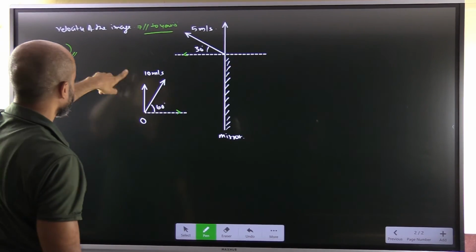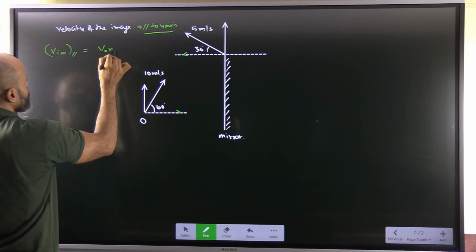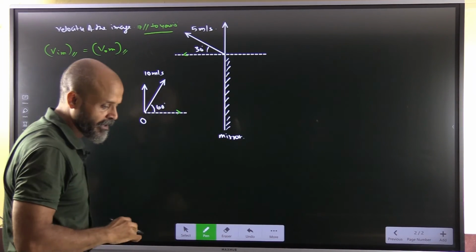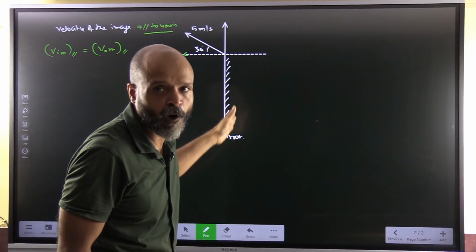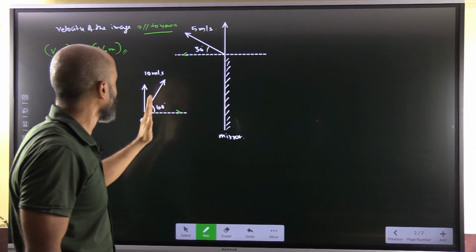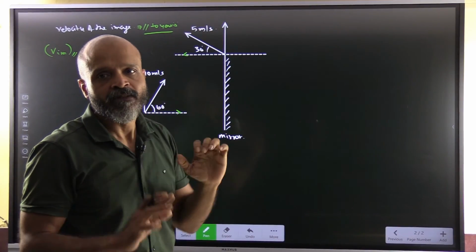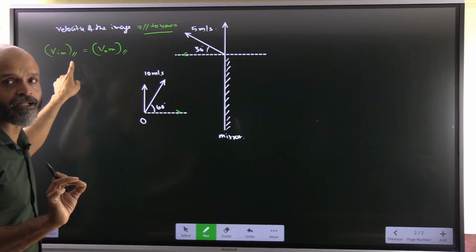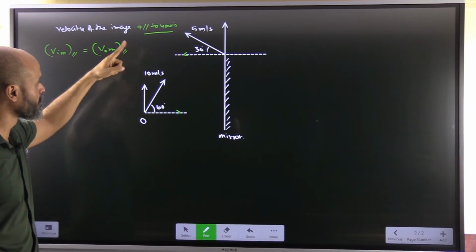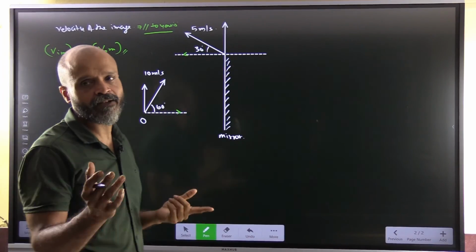So what will this be? This will be equal to the velocity of the object with respect to the mirror along the parallel component. As we see that the mirror is placed along the y axis, the movement of the object and the movement of the mirror both will give a velocity of the image with respect to the mirror along the parallel component to the y axis that is equal. Okay, we have seen this.